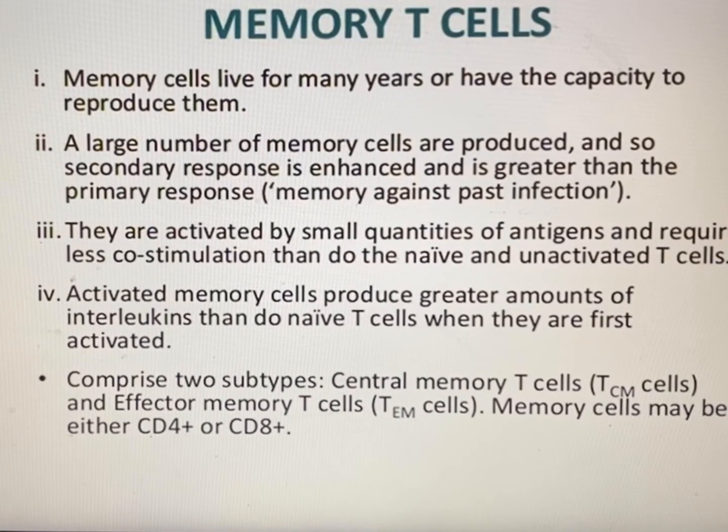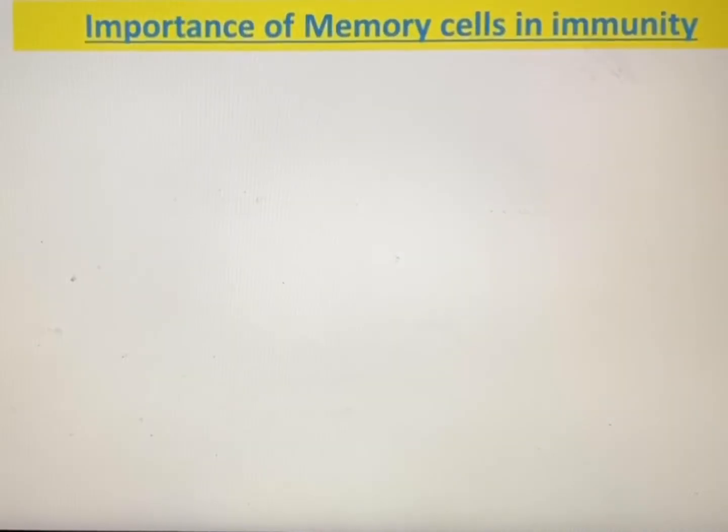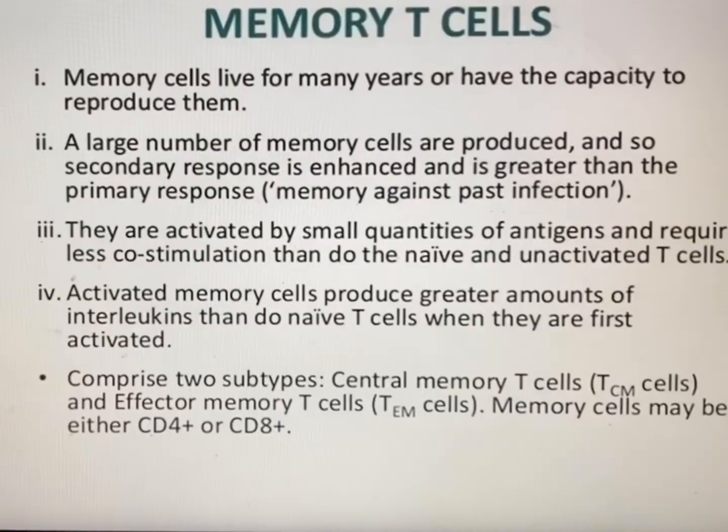Number 3, they are activated by small quantities of antigens and require less stimulation than do the naive and unactivated T cells. Number 4, activated memory cells produce greater amounts of interleukins than do naive T cells when they are first activated. Okay. What about the fifth point?